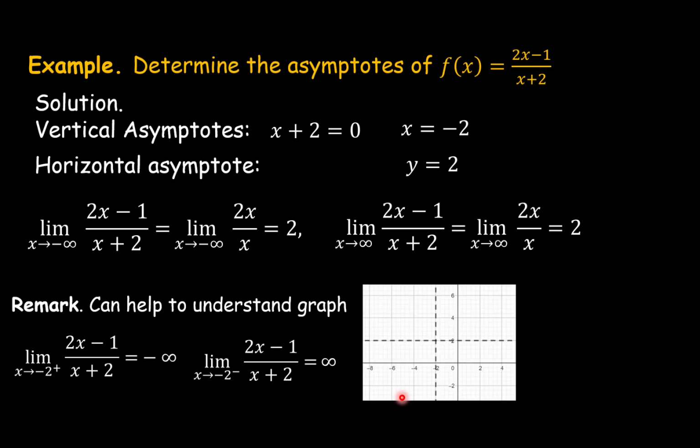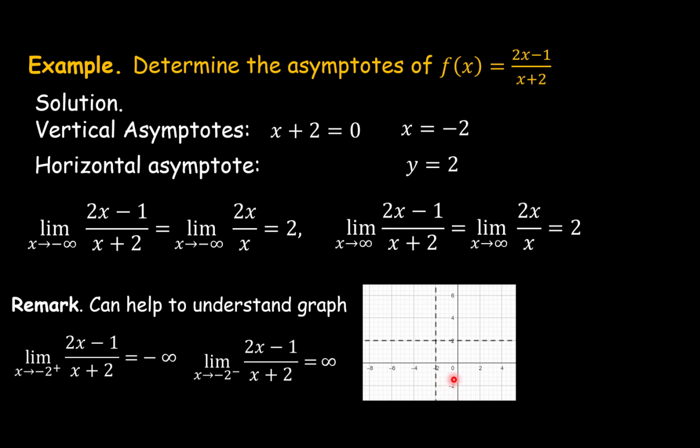That should help you understand the graph near x equals minus 2. Let's give it a try. What you should do is draw the horizontal asymptote and vertical asymptote. So horizontal asymptote y equals 2 and vertical asymptote x equals minus 2. The limit as x goes to minus 2 from the right is minus infinity, so we're talking about it near here.